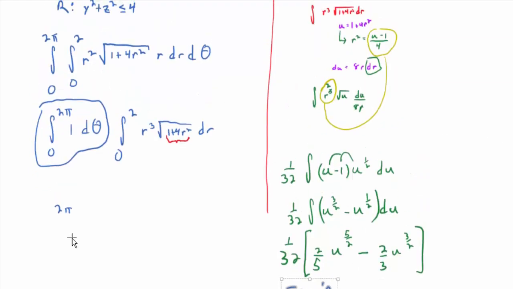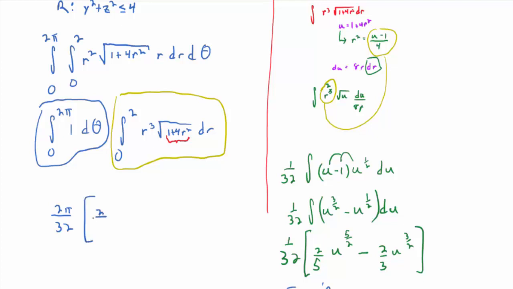So now we go back over here and we did everything but evaluate it from 0 to 2, right? We have our antiderivative, in other words. Let's replace u with 1 plus 4r squared. Well, what do we get? So let me put that 1/32 out front, the 32 in the denominator right there.